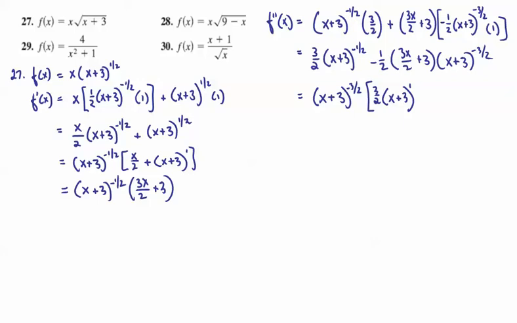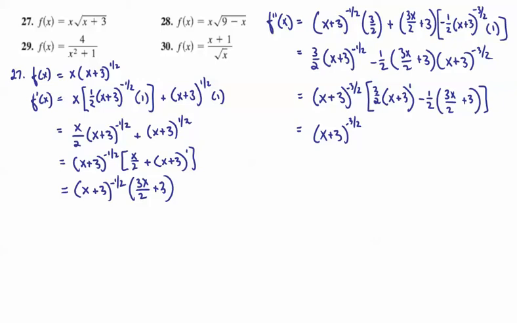So we factor that out. Then we get minus 1/2 times 3x over 2 plus 3. So work on simplifying the inside here. (x plus 3) to the negative 3 halves.